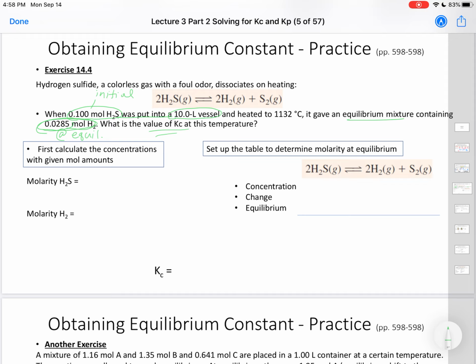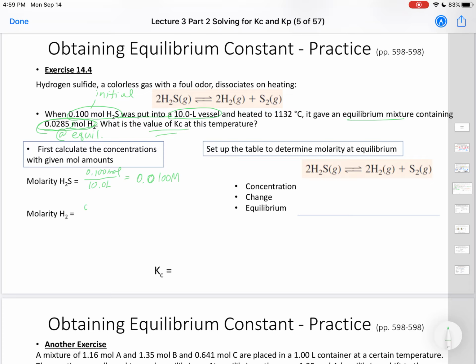So again, it is in a 10-liter flask, so we're just going to calculate the molarity real quick. For the H2S, it's 1.00 moles divided by a 10-liter flask. So really it's just moving the decimal point 1 to the left, so it becomes 0.100.